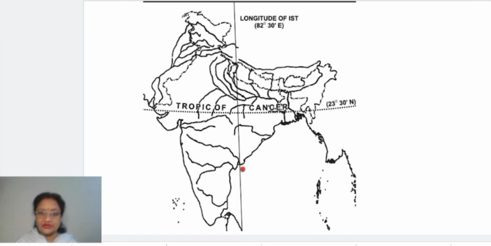Clear? The center of the Godavari Delta we have taken, and then come down to the eastern tip of Sri Lanka, the eastern coast. The line actually touches the edge of the eastern coast of Sri Lanka.